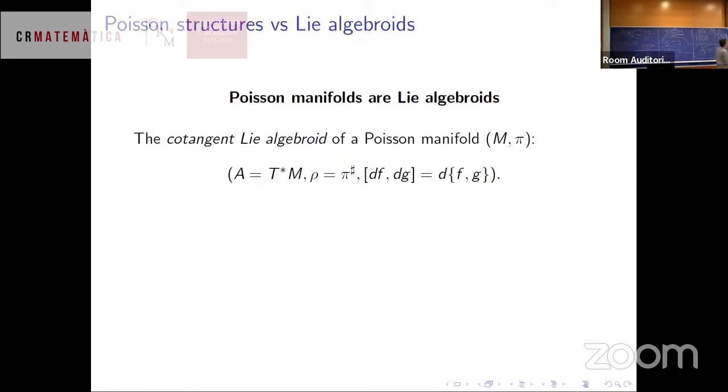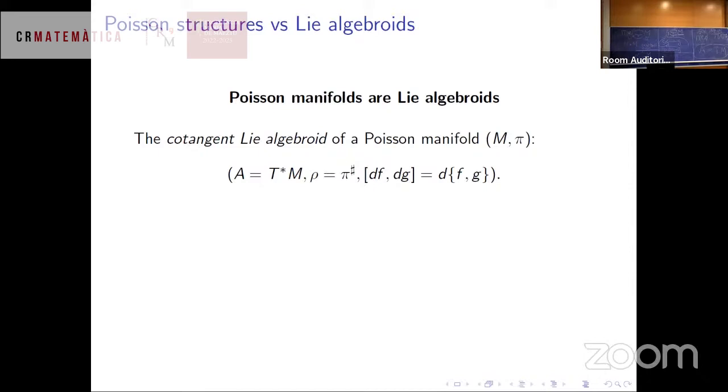Okay, so the first one is that Poisson manifolds are special Lie algebroids. So I have to give you a vector bundle, an anchor, and a bracket. The vector bundle is T*M. The anchor is the sharp map of the bivector field. And the bracket is just the bracket defined on differentials, so on exact one forms like this.